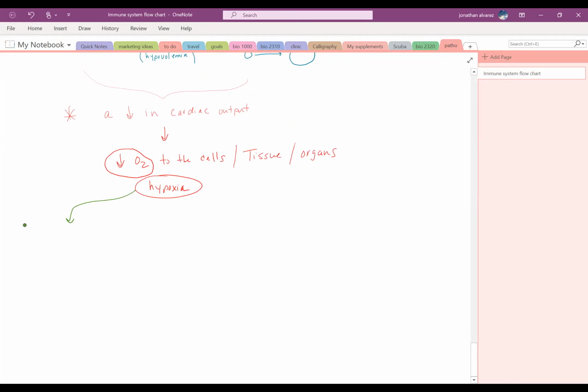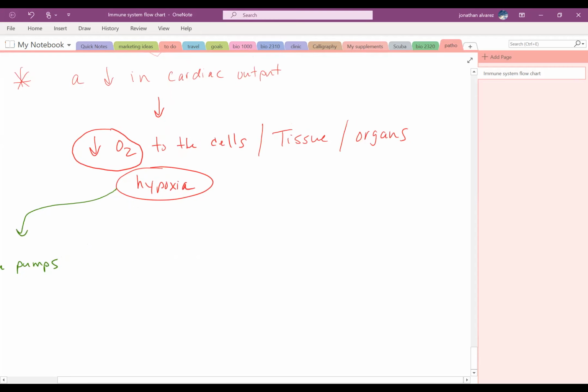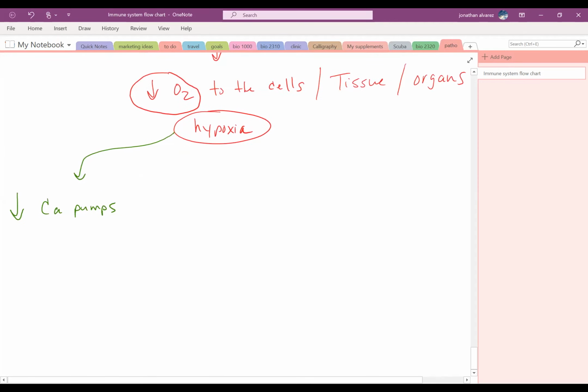Okay, so it will decrease your calcium pumps. Okay, it decreases ATP production, right? So no oxygen, and this is due to decreased oxygen, right?